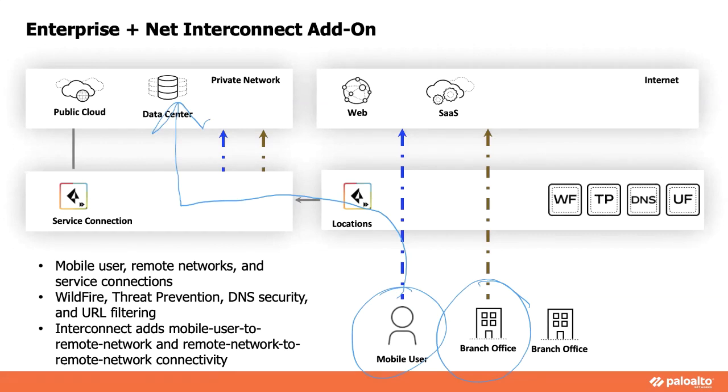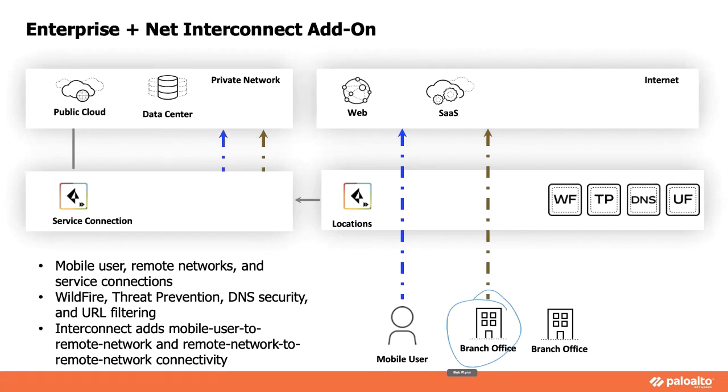And they're going to be able to go out to the internet. And the same would be with a user in a branch office. Again, they can go down to service connection if you are licensed for one, for whatever service they might need, and they're able to go straight out to the internet.